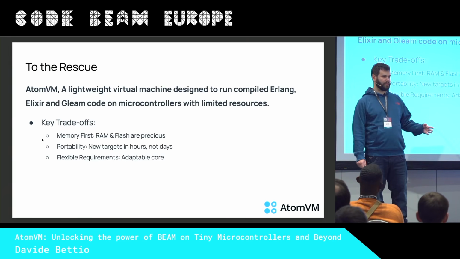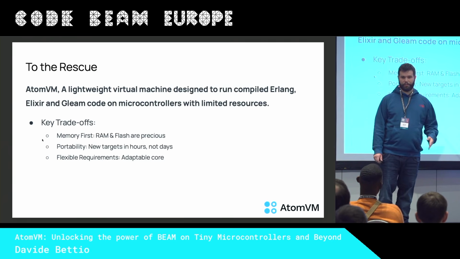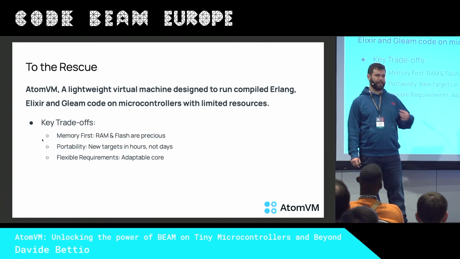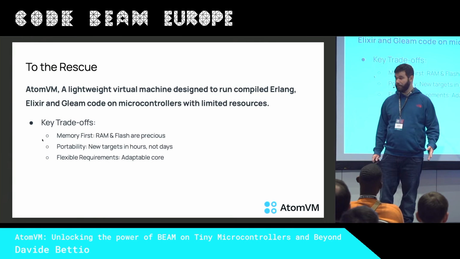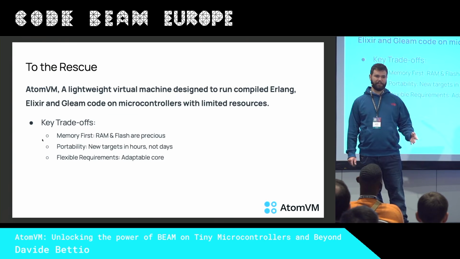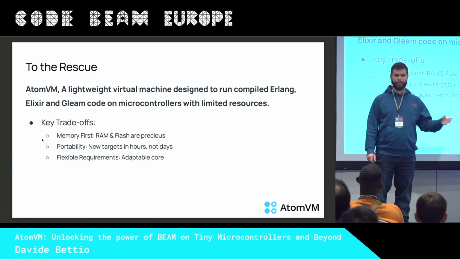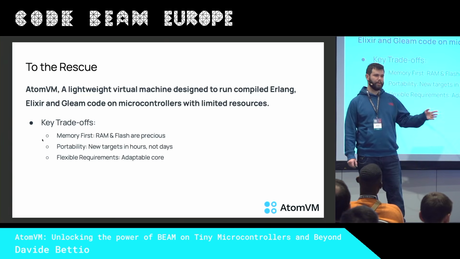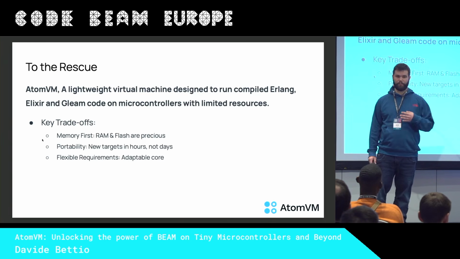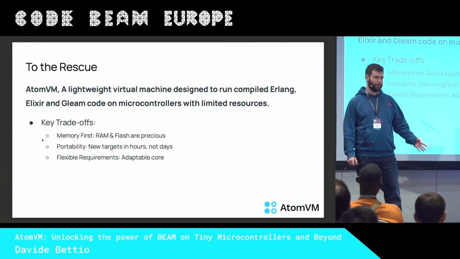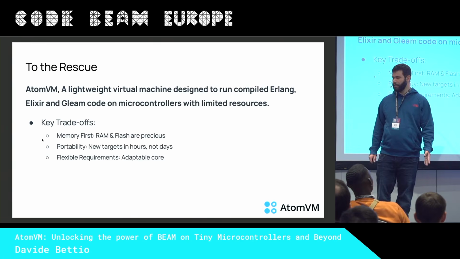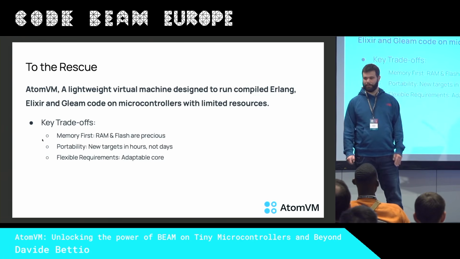My design goals were saving every possible kilobyte of RAM, and making it easy to adapt and port to different hardware, operating systems or platforms, in terms of hours of development, not days or weeks. So it had to be very flexible.